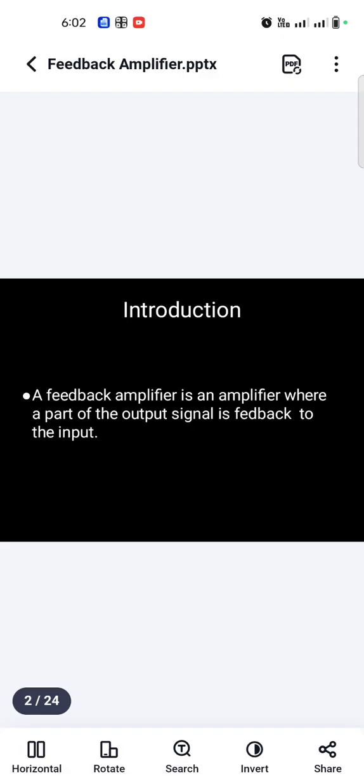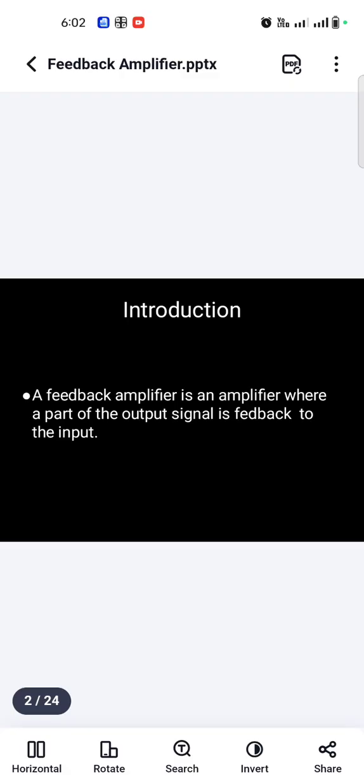Now actually this feedback plays an important role in almost all electronic circuits, right? It's used in the amplifiers mainly. Why do we use feedback in the amplifier? In order to improve its performance and make the level more ideal. So what is the definition of feedback amplifier?